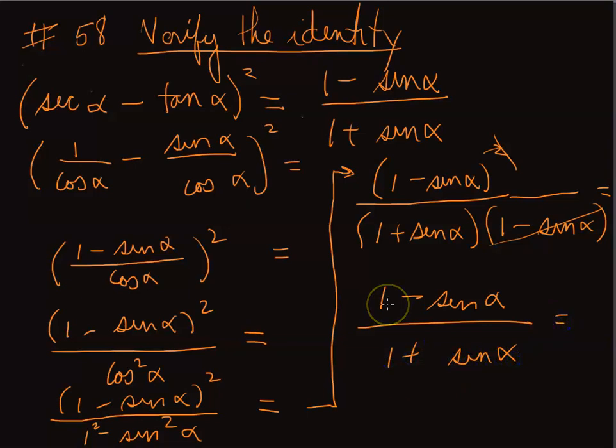Now, when you make it look exactly like this right side up here, then just so I know that you know it's done, write QED, which is Latin for quod erat demonstrandum. It means that which was to be shown. It's got to look exactly the same.